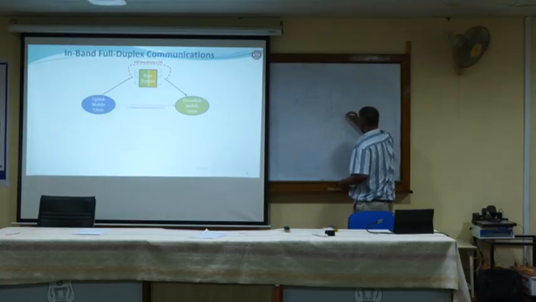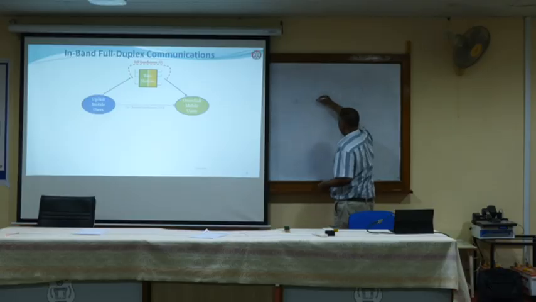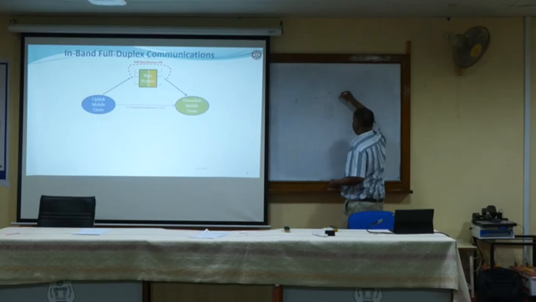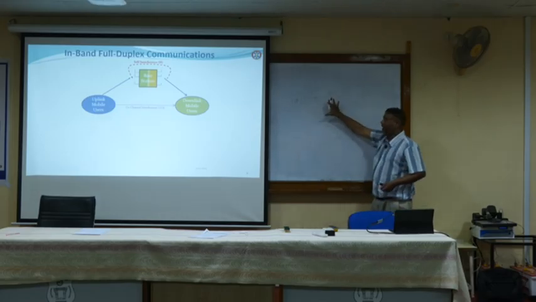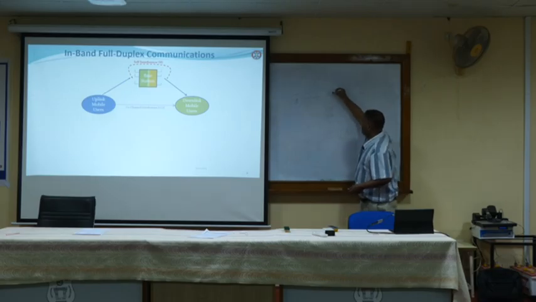So integrated access and backhaul means this node is doing access and also listening to data from the backhaul as well. Both are wireless, so this is ideally suited for full duplex. You can transmit and you can also receive. So this node can operate in in-band full duplex mode.